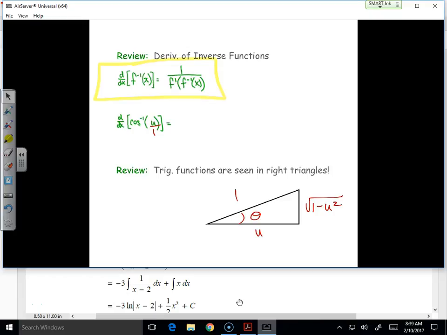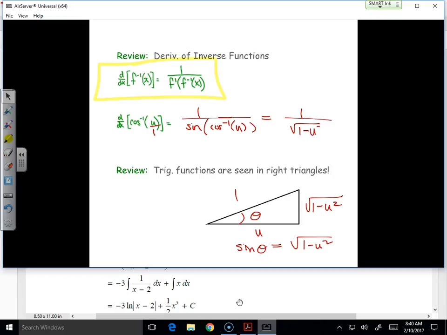Then we said the derivative of an inverse is 1 over the derivative of the function, which would be sine of f inverse of some quantity. We come back to our triangle and ask, what is sine of cosine inverse of u? Well, sine of theta is opposite over hypotenuse. And that's how we got our original formula.